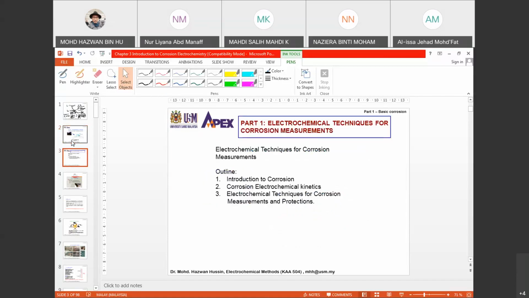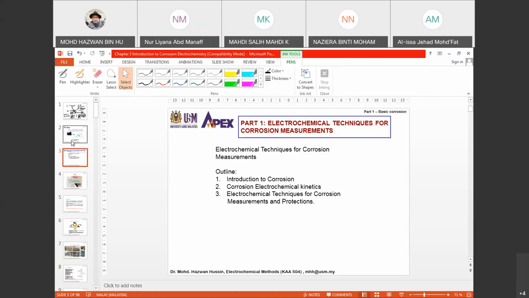So the outline for these three chapters, chapter 3, chapter 4, and chapter 5, as I mentioned, we're going to have an introduction to corrosion electrochemistry, and then in chapter 4, we are going to learn about corrosion electrochemical kinetics. You are going to learn about the principle of polarization, mixed potential, okay?